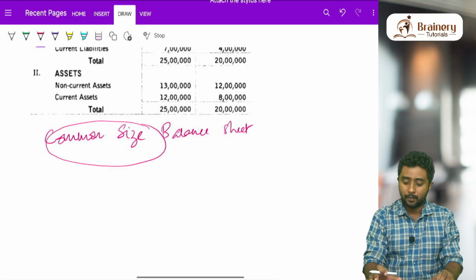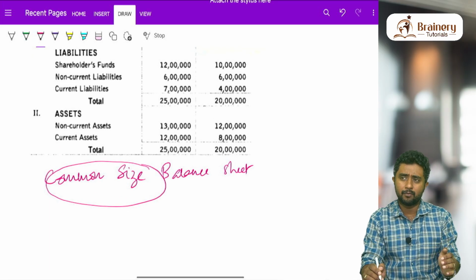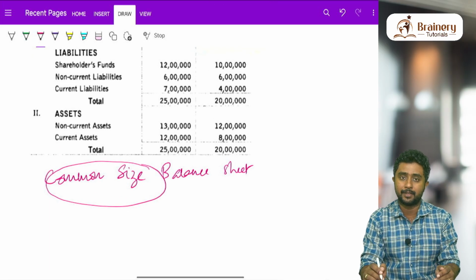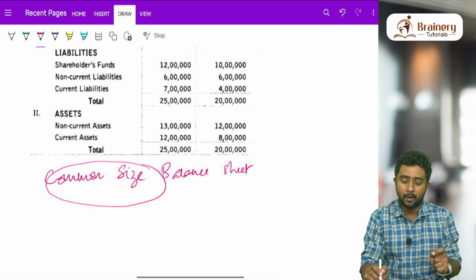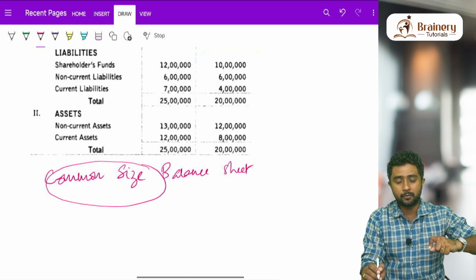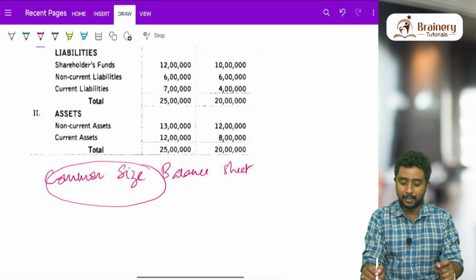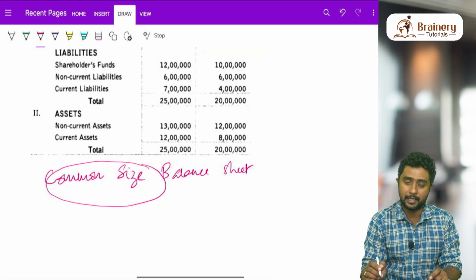Instead, what we are going to do in common size statements is convert each and every value given in the financial statements on the basis of some common value. There will be a common base value based on which we will be converting all the other values in the financial statement. That is why the name common size statement came.